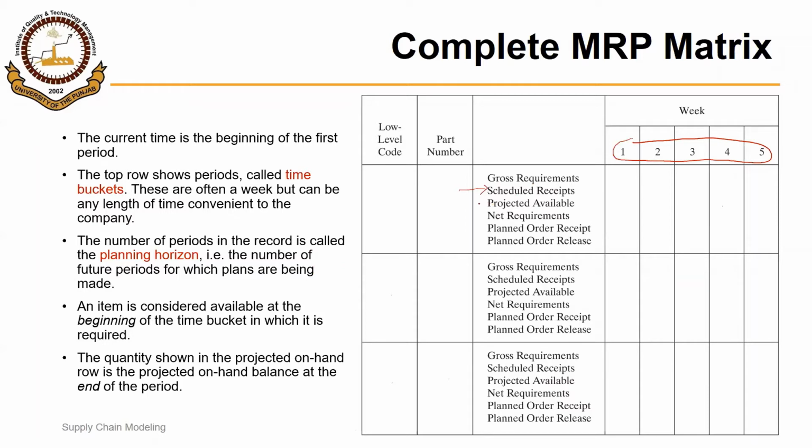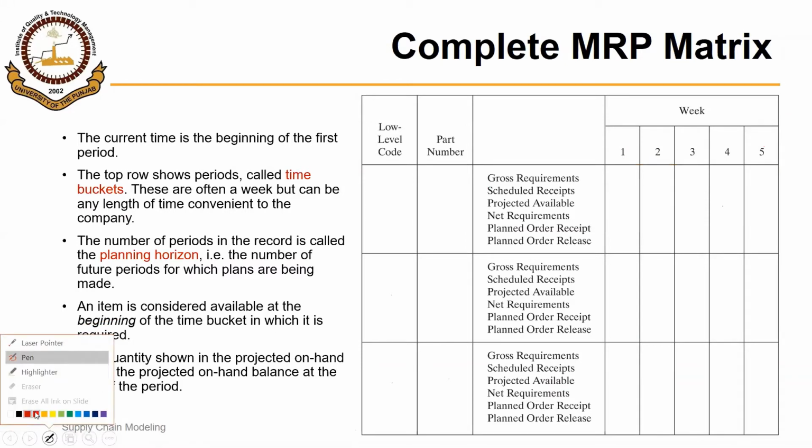So we have discussed this. Projected available, that is actually not projected available. That is schedule receipts. So an item is considered available at the beginning of the time bucket in which it is required. So that is for these three: schedule receipts, planned order receipt, and planned order release.